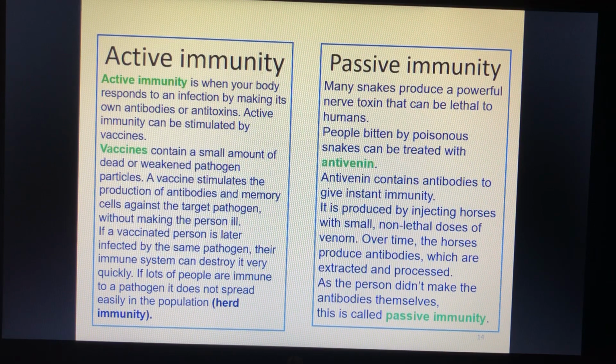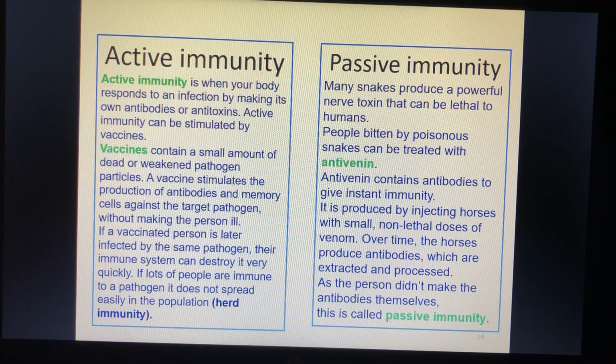So what's done is the snake toxin is put into a horse, at a non-lethal dose. So it's not going to kill the horse, but because the horse is so big, it's able to make lots of antibodies, and those antibodies can then be extracted from the horse and given directly to the person who's had the snake bite. Okay, we call this passive immunity because somebody else has made those antibodies for us.